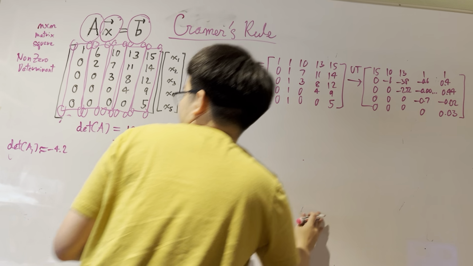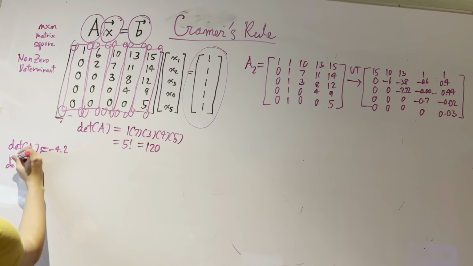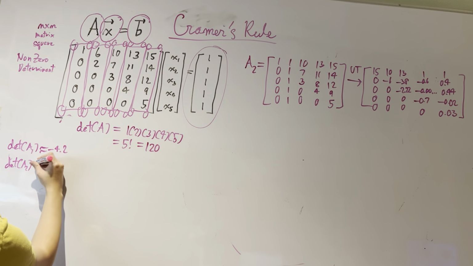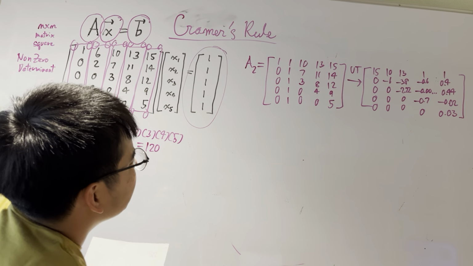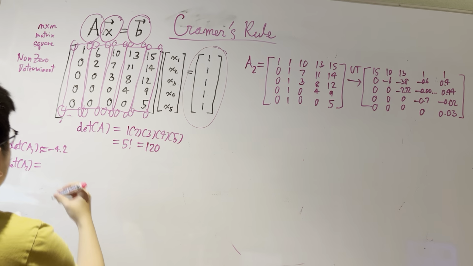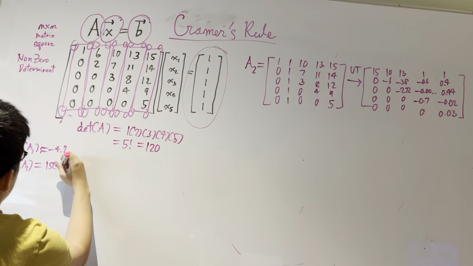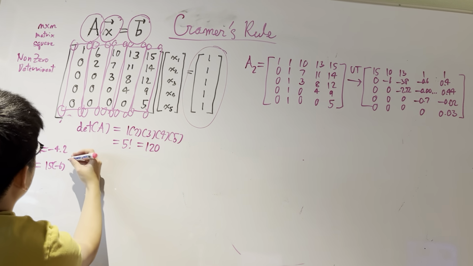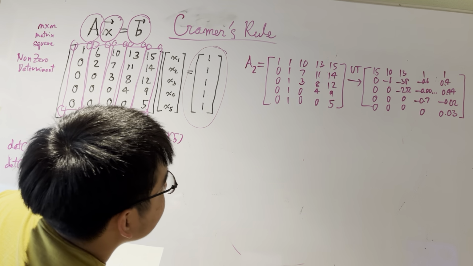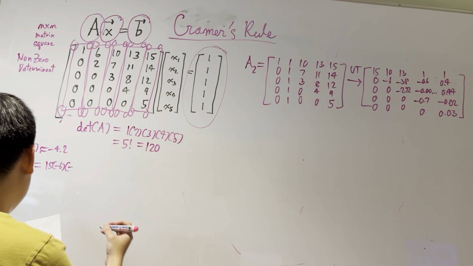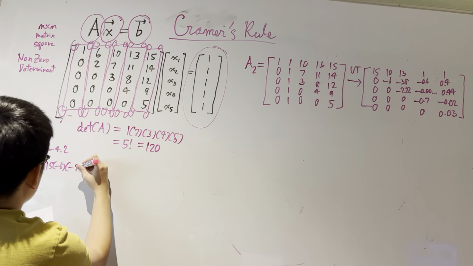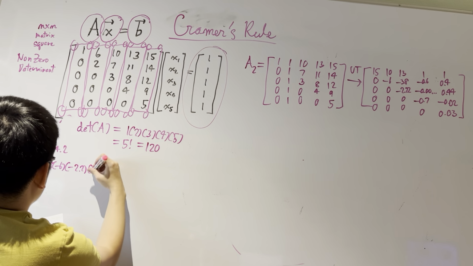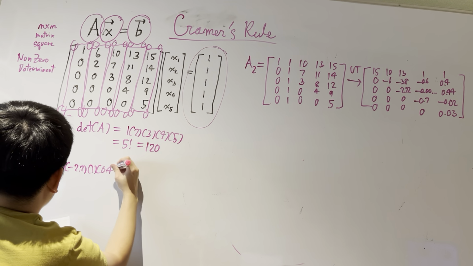So then the determinant of A2 here equals 15 times negative 6 times negative 2.2 times 1 times 0.48.